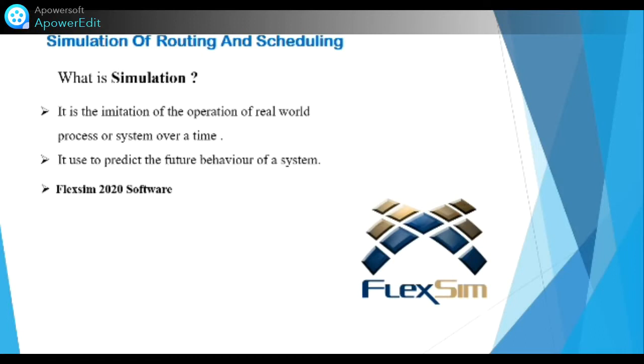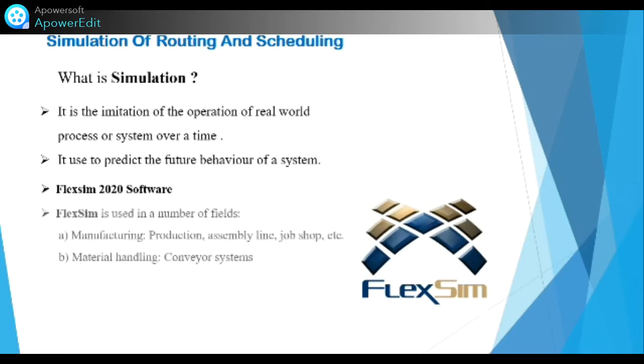It is a free software. Flexsim is used in a number of fields like manufacturing and material handling. In manufacturing, it is used in production systems, assembly lines, job shops, etc. In material handling, it is used in conveyor systems.